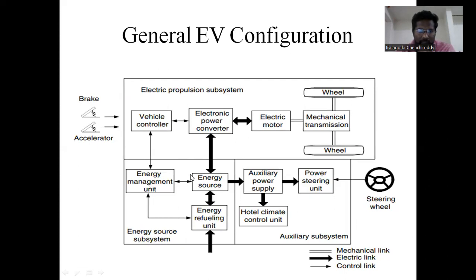Next, the second one, the energy source subsystem. Here, EMS and BMS are different: EMS is the energy management system, and BMS is the battery management system. This subsystem has the EMS and the energy sources: battery, ultra capacitors, fuel cells, or flywheel.